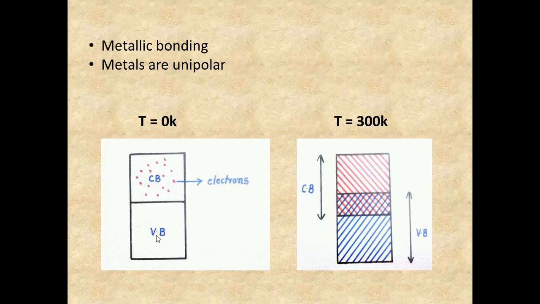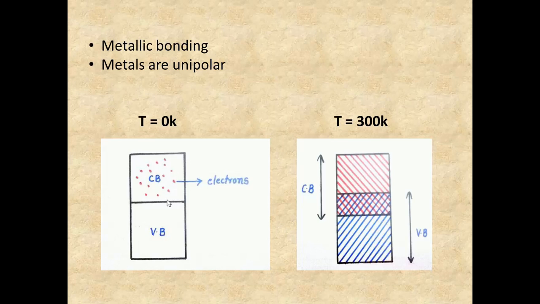Now we see the diagram of a metal. I will explain this with the two figures, and we will discuss it one by one: what happens at temperature 0 Kelvin and what happens at 300 Kelvin. At 0 Kelvin there is no energy gap between the valence band and conduction band. As you can see in the figure, we don't have any energy gap, and the conduction band is filled with electrons.